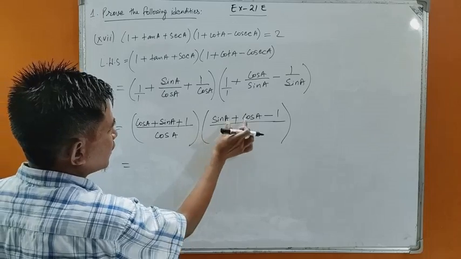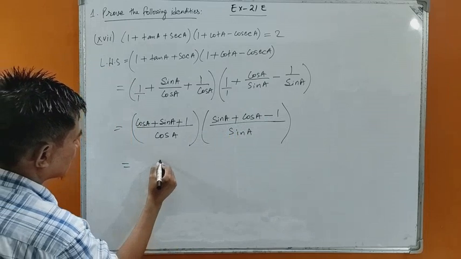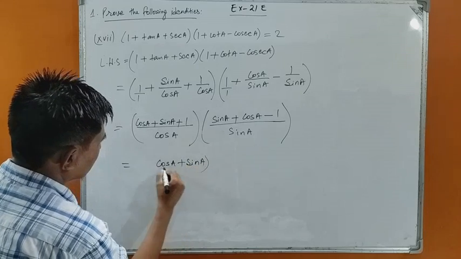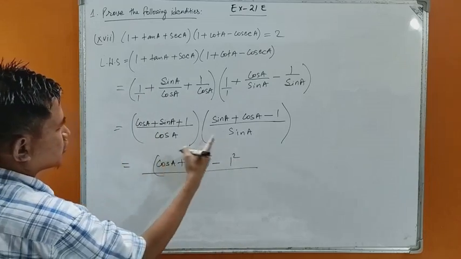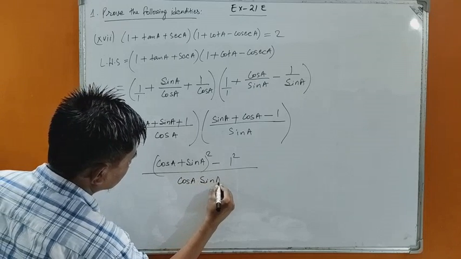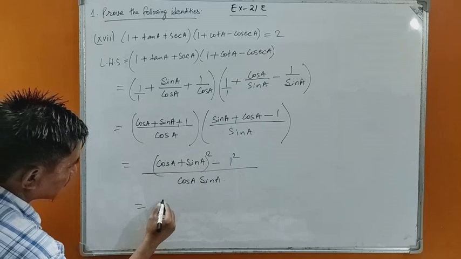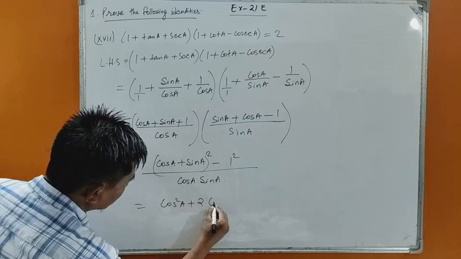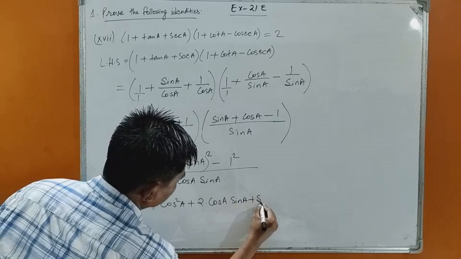This means a square minus b square, whole upon cos a into sin a, isn't it? We need 2, isn't it? So cos a plus sin a whole square means a square plus 2ab plus b square.